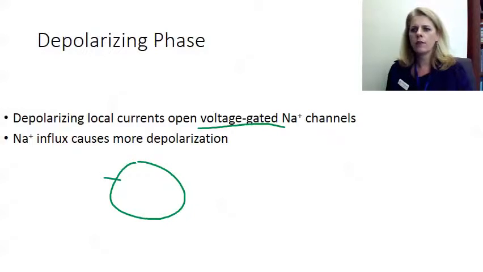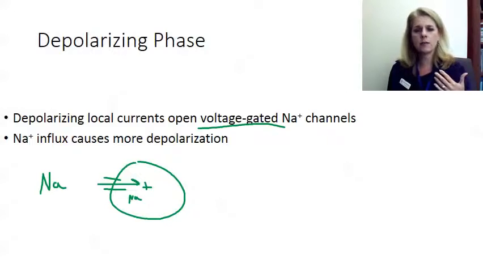And now if you've opened up another channel, you've opened up the gate, and there's more sodium outside than inside, which way does sodium go? It rushes in, bringing with it lots and lots of positives. So it's going to cause the inside of the membrane to become more and more positive. It's going to depolarize the membrane. Okay? Let's go to the next step.